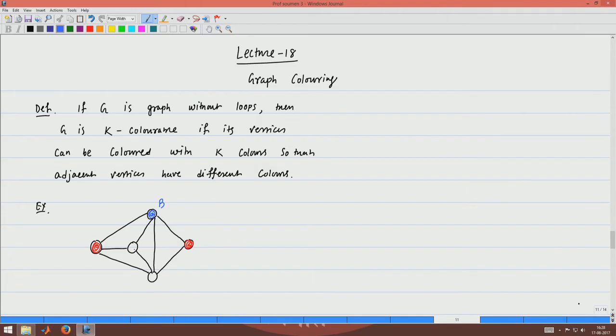So, for this vertex, then I can't use blue or red, I have to use some other color. Let me use the green color here. So, this is green, this is red and red. And now you look at this vertex. This vertex is adjacent to a red vertex, a blue vertex, a green vertex.